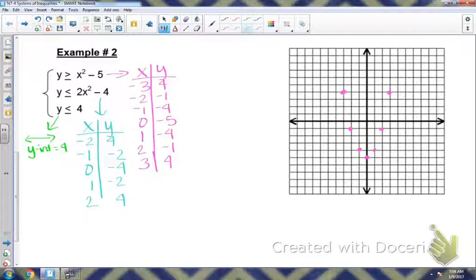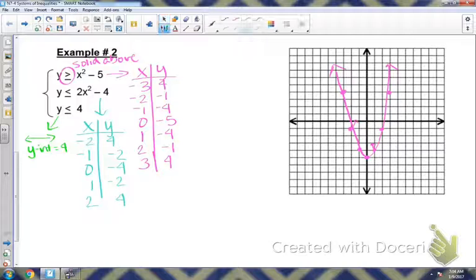Before you connect your points, again, you need to look and see if it would be solid or a dotted line. So notice here, it says greater than or equal to, so it will be solid, and we will shade above the line. Make sure you extend it throughout your graph there. And we would be shading above, so pick a point and go above it.